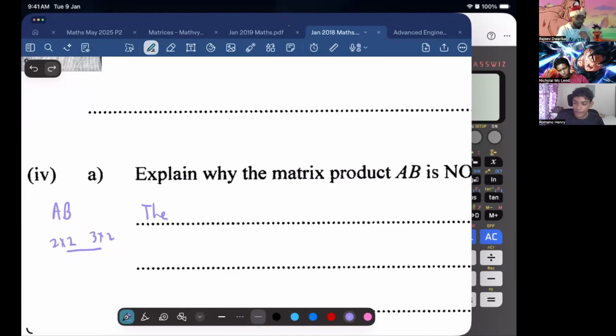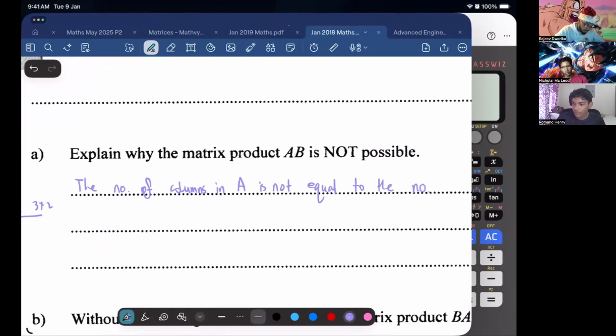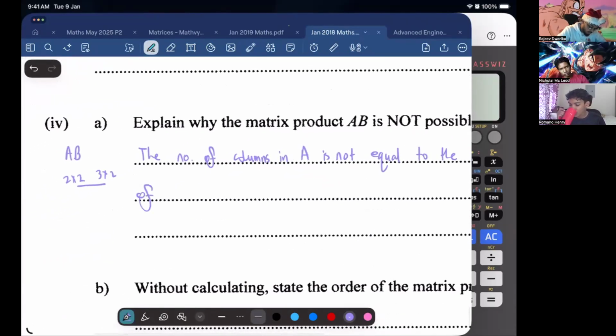Columns. Right, so the number of columns in A is not the same as the number of rows in B. Right, so that equals the rows.